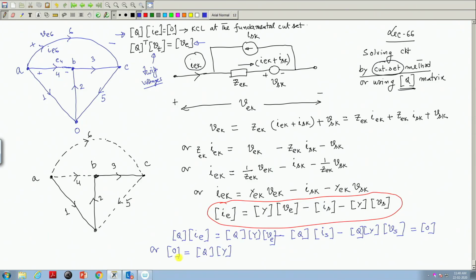That was the spirit. So, this is Q into Y into Ve, but for Ve I can write Q transpose into the twig voltages. Substitute this, and this minus Q into Is minus Q into admittance Y into Vs.